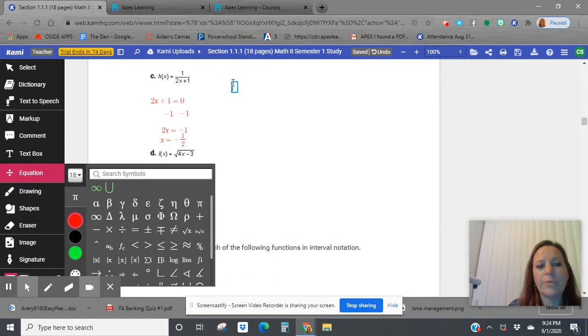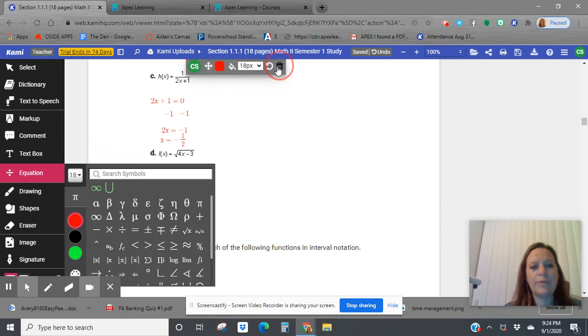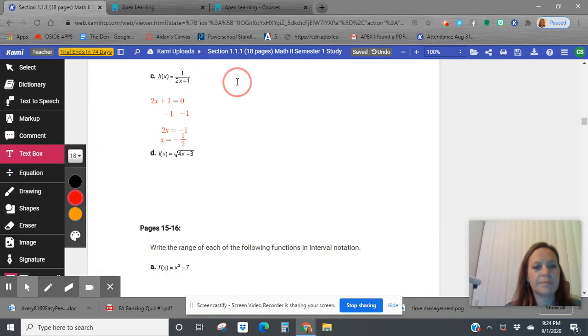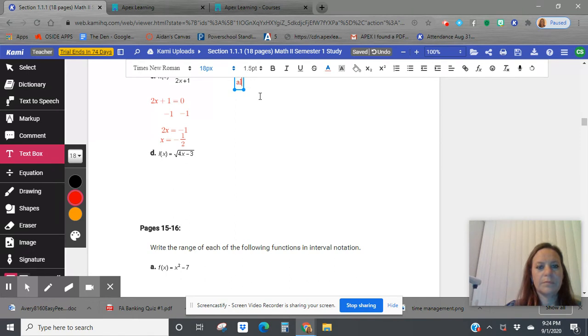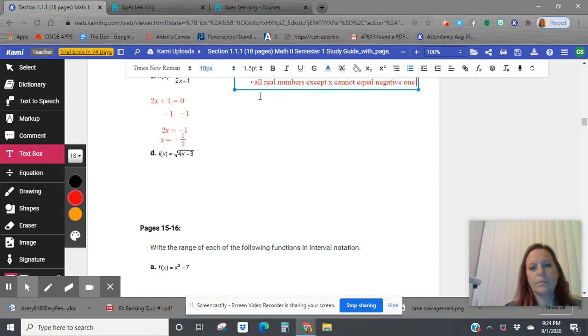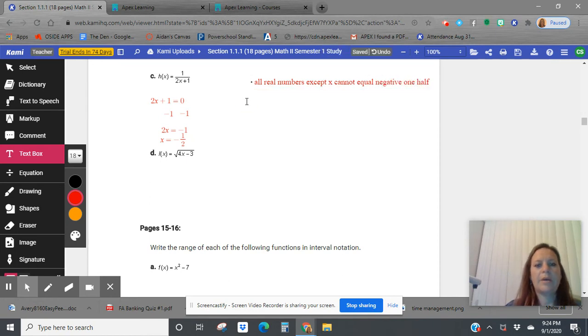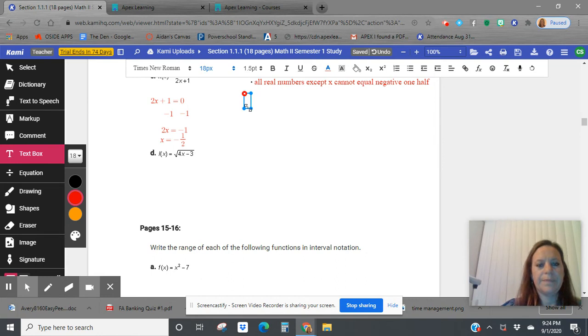I want all the rest of the numbers, all real numbers, except x equals negative 1/2. So how do I say that in interval notation?